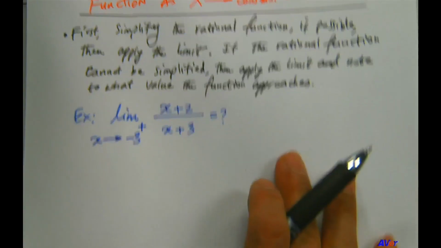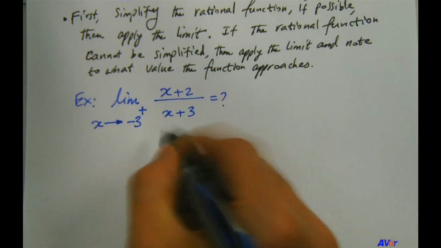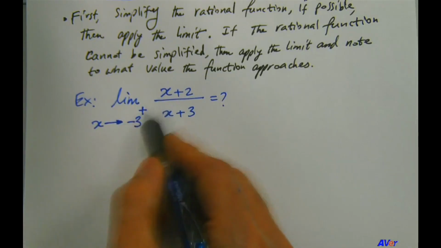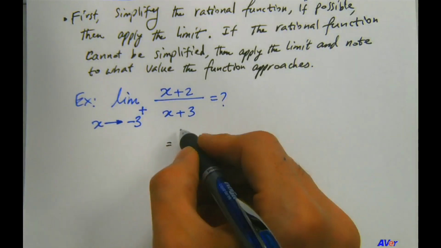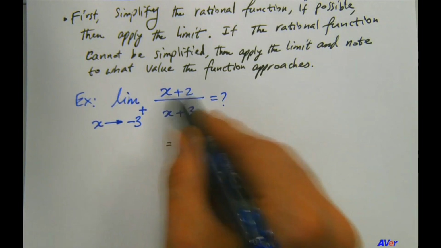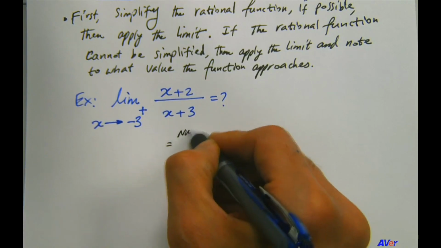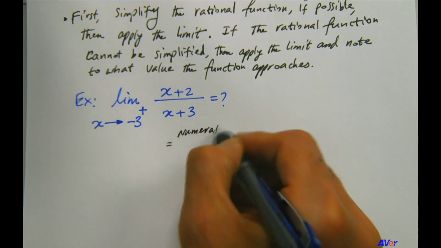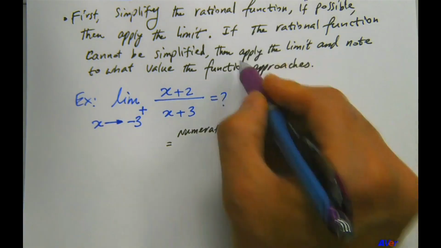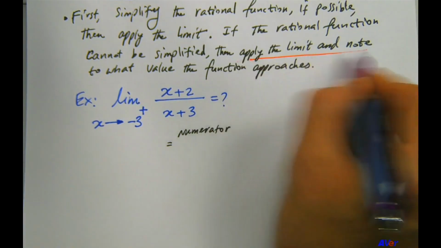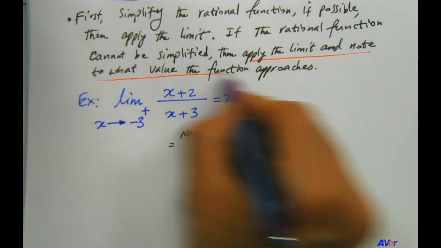So what will we get? If you apply the limit right away, what will happen is the numerator, so this is what we mean when we say apply the limit and note to what value the function approaches.